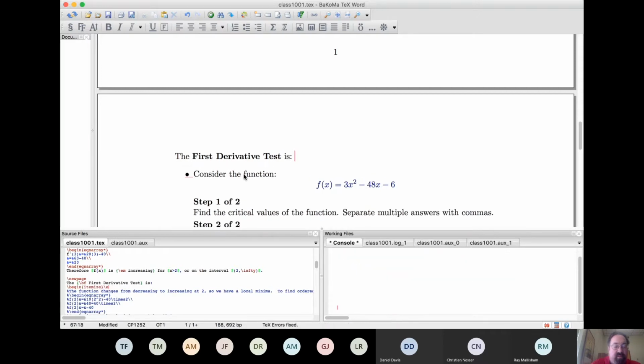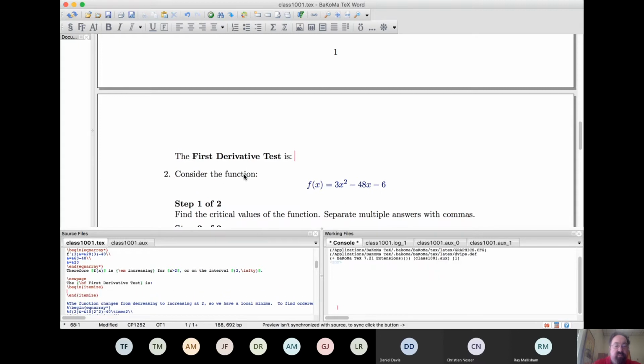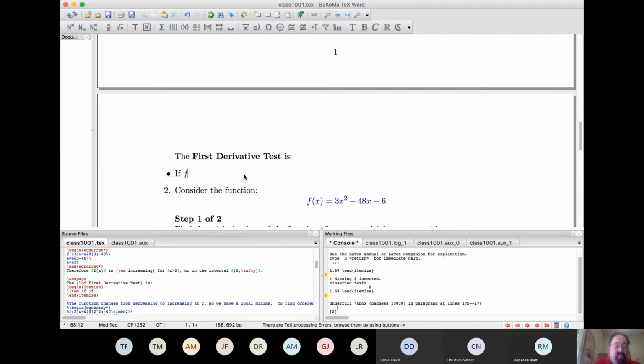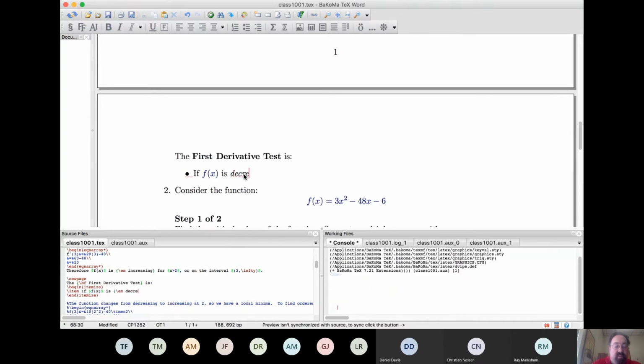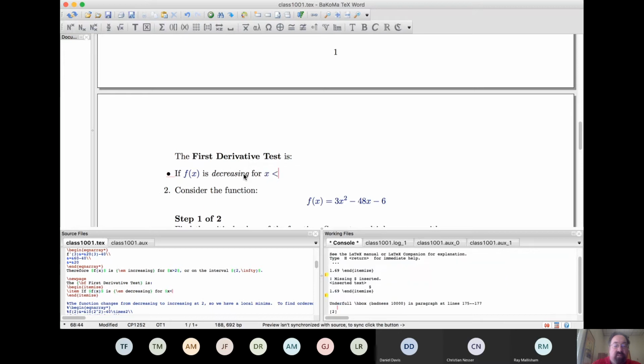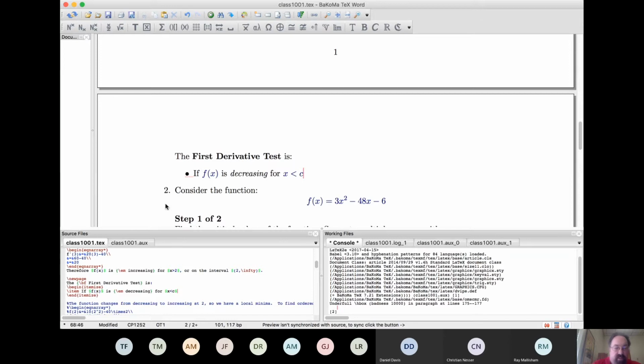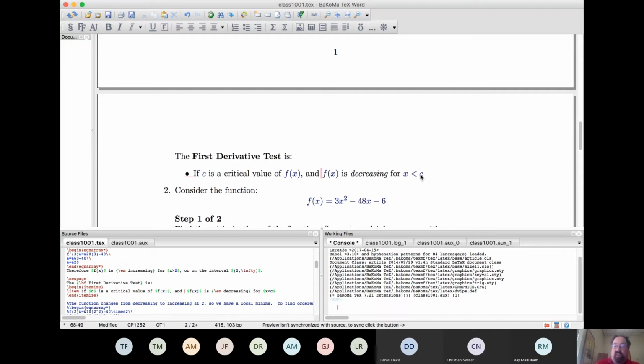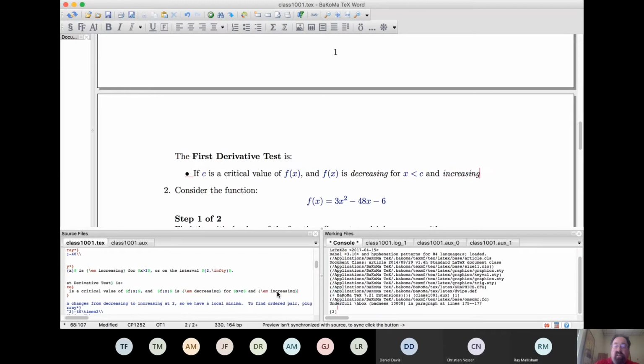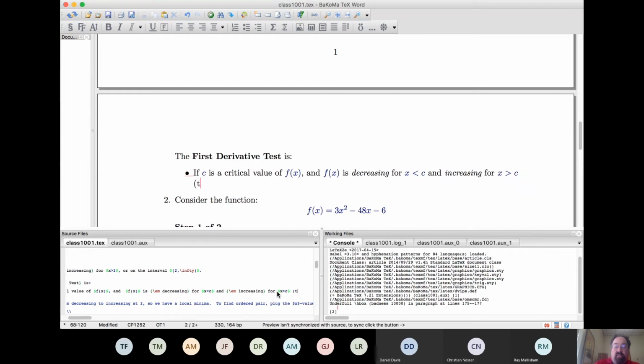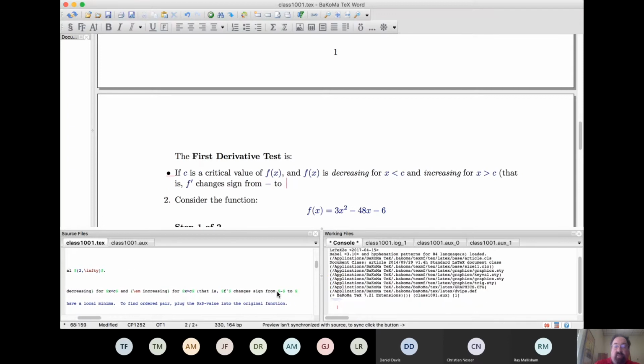So there are 3 possibilities. If function f is decreasing for x less than some critical value c, so if it's decreasing to the left of c, and increasing for x greater than c, so that is, f prime changes sign from minus to plus at x equals c.